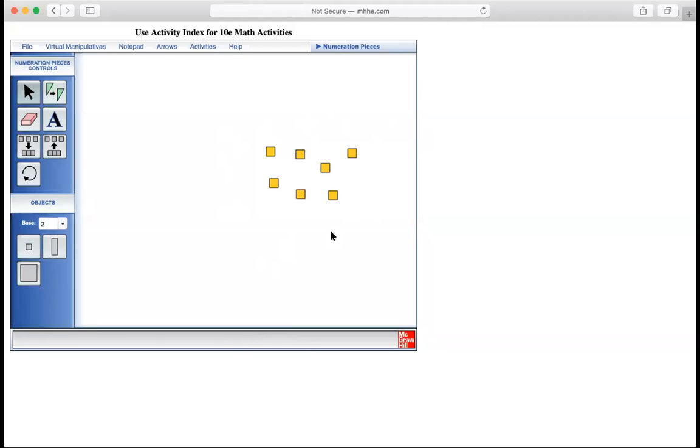There are still 7 cubes. But I can think about a set of 2. I think I got to do this first. So a set of 2 automatically can group, right?